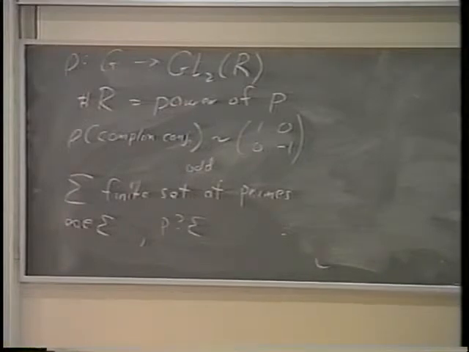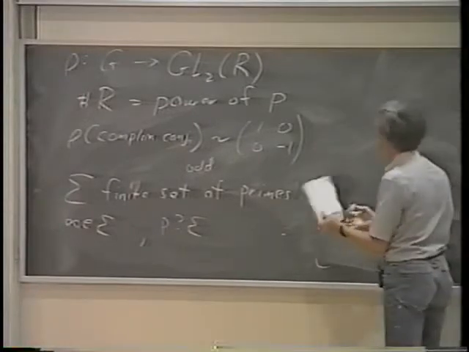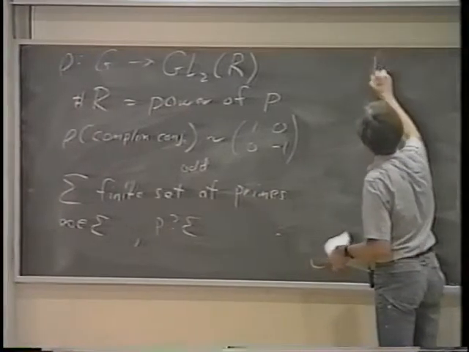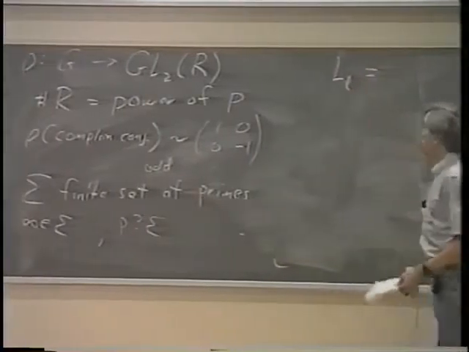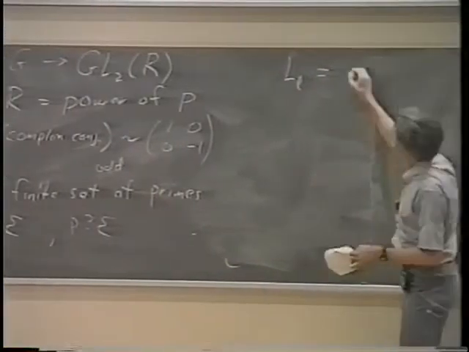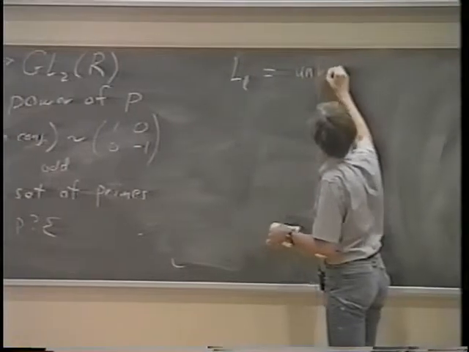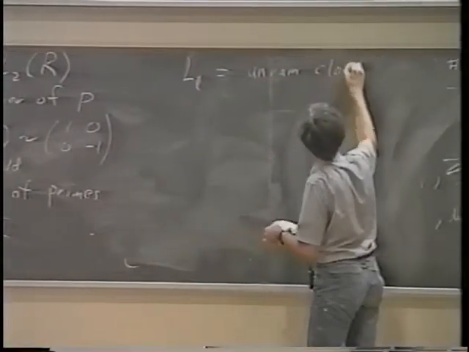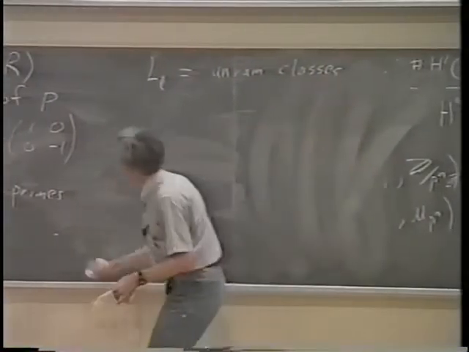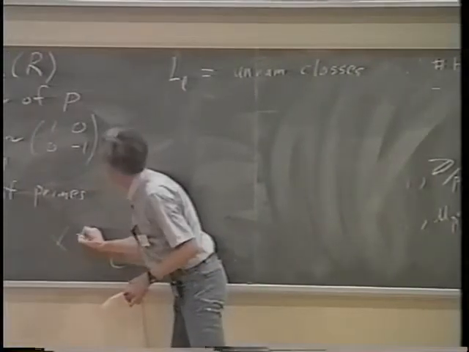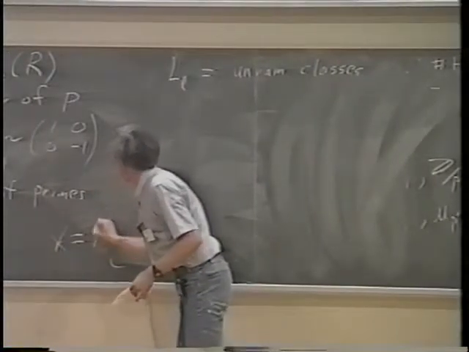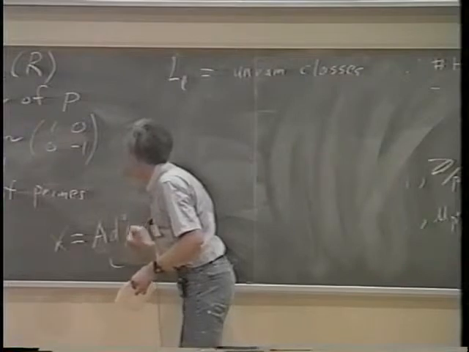Okay, so now we're going to choose L_ℓ. We're going to put in local conditions. It's just going to be the unramified classes. Our X we're going to use is going to be ad⁰ of ρ.